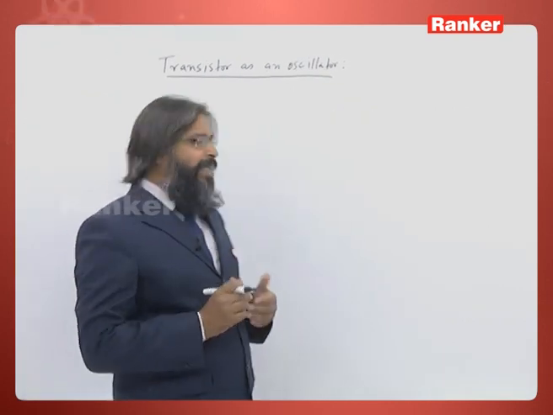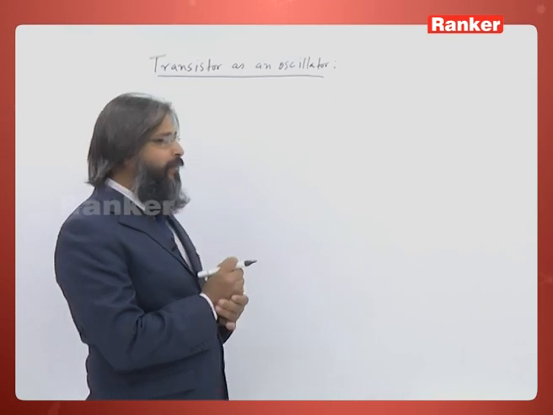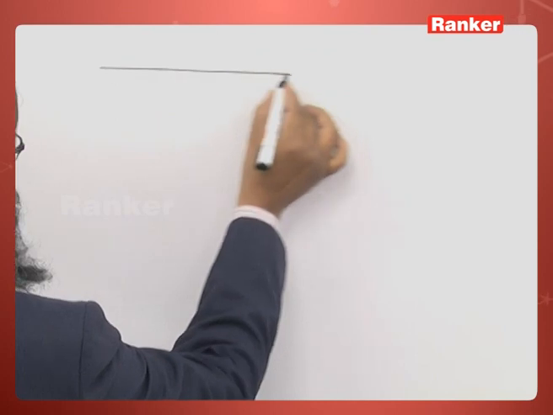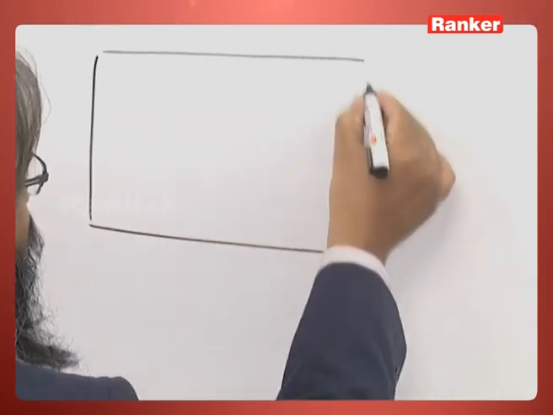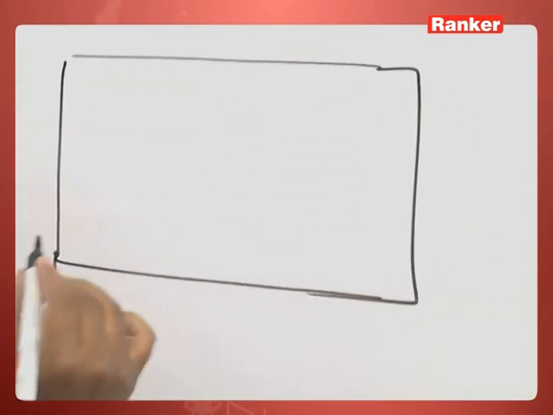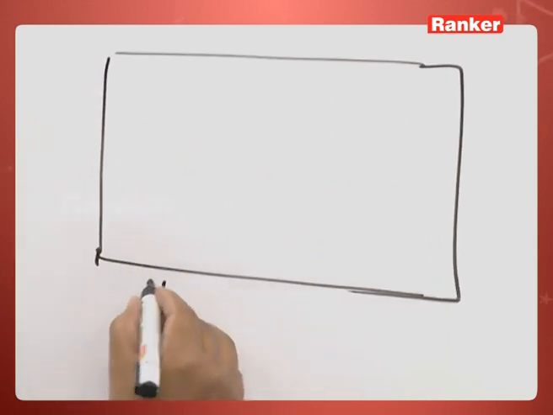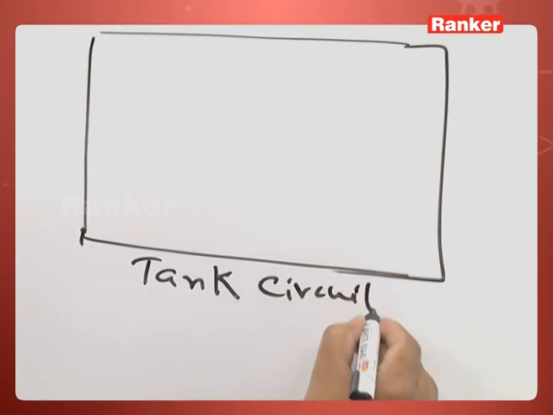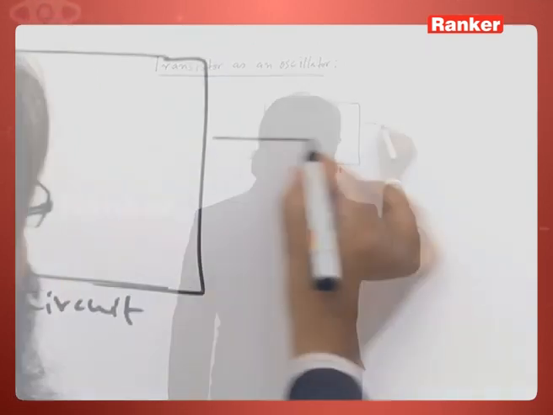Now, let us see how it works. In an oscillator, there are three main ingredients. We say this is the tank circuit.